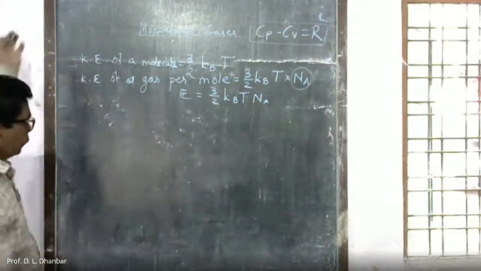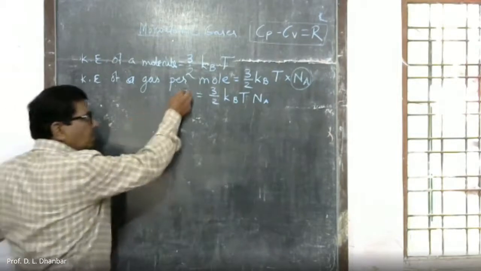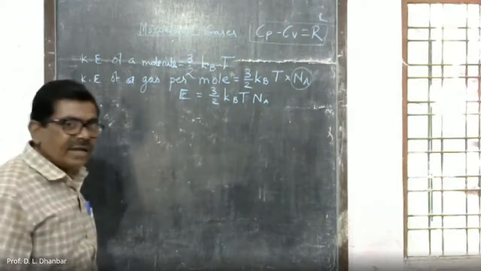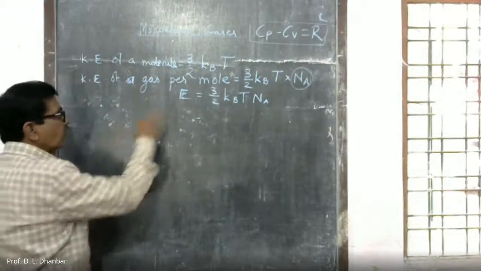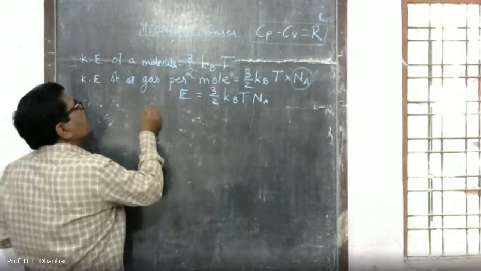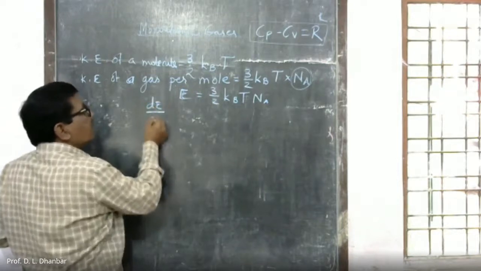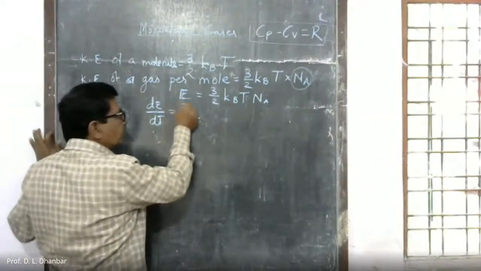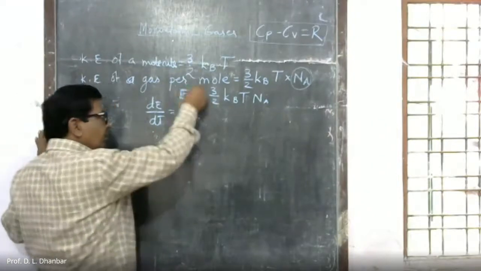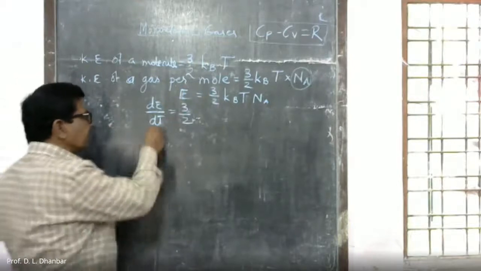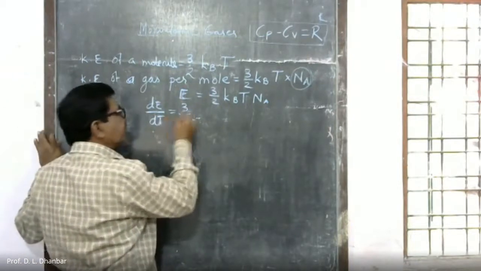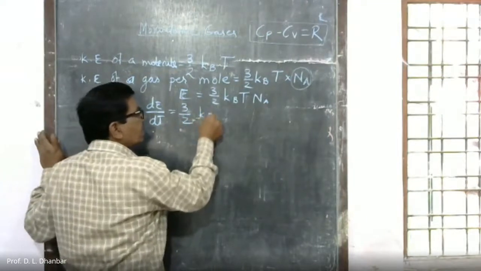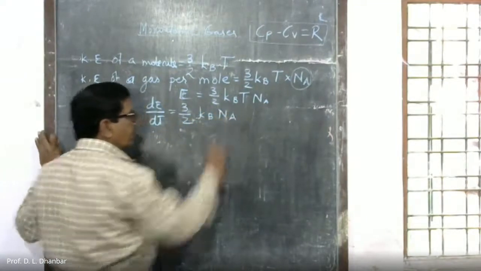Here our aim is to find Cv, that is the specific heat of the gas at constant volume. For that, we find dE by dT. If you differentiate this equation with respect to T, you get 3 by 2 kB into Na.